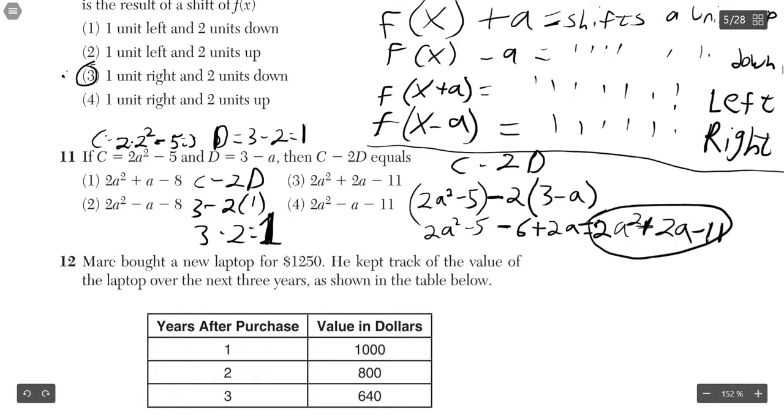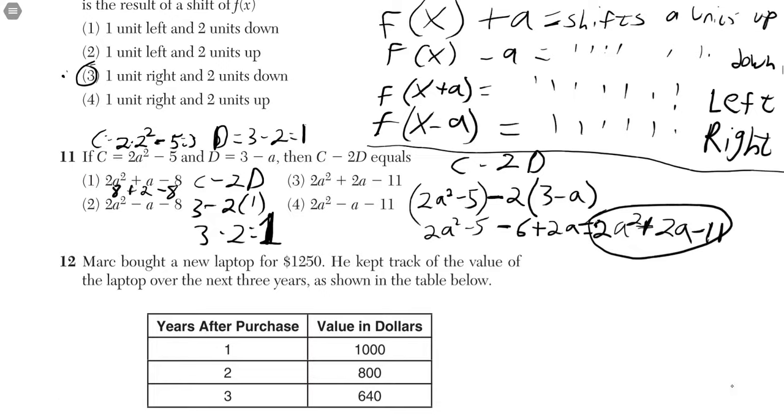So if a is 2, over here I would get 2 times 2 squared, that would be 8, plus another 2 would be 10, minus 8 would be 2.